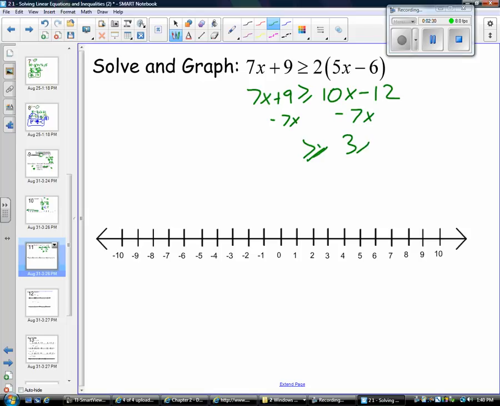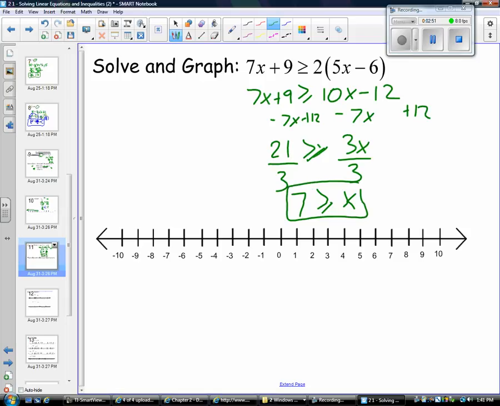So I get 3x on the right-hand side. If I add 12 to both sides, I get 9 plus 12, so that gives me 21. I divide by 3. I do not change the direction of the inequality because we're not dividing by a negative.